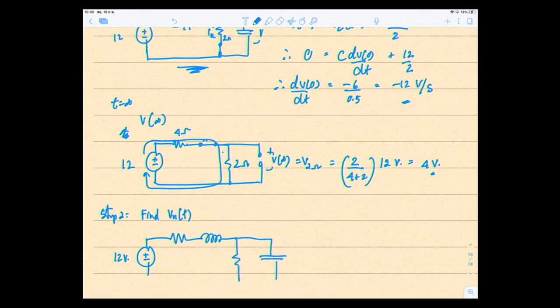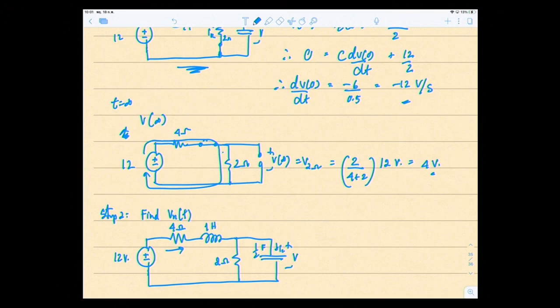When you redraw your circuit, if you're not fluent in analyzing a problem, please just copy everything, the voltage drops, the polarities. Make sure you get all the information onto your redrawn circuit, and correctly too. So this is the current IC.